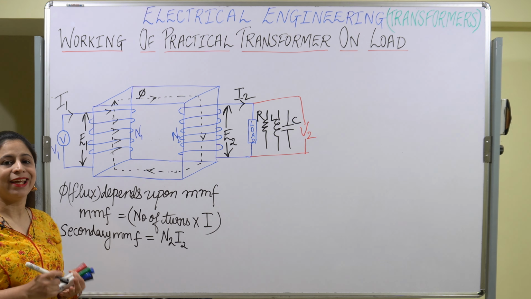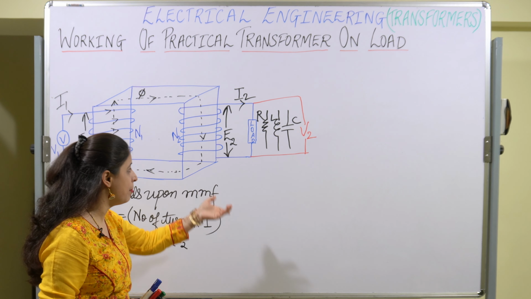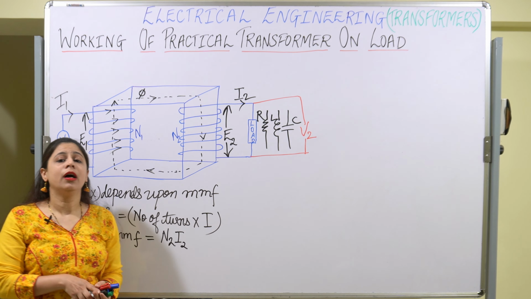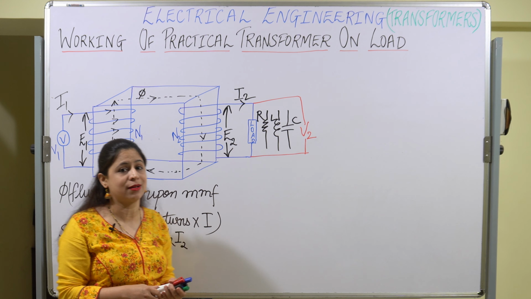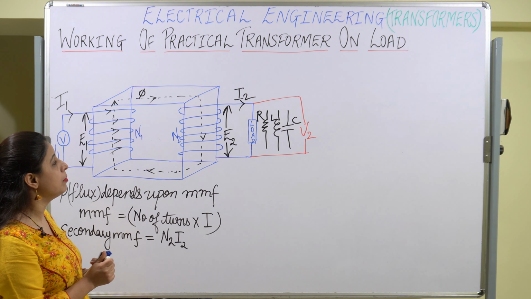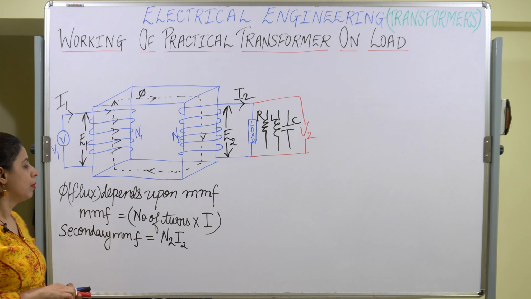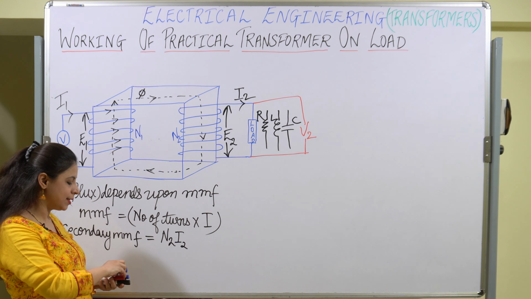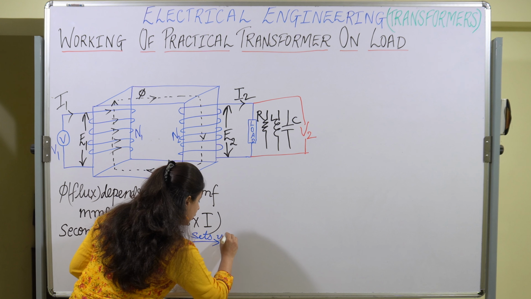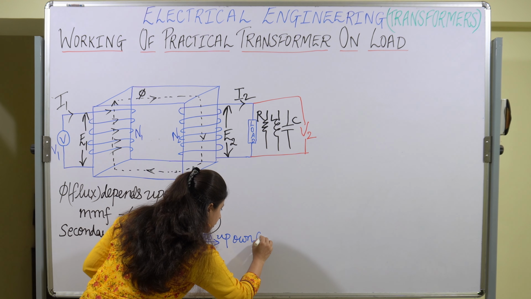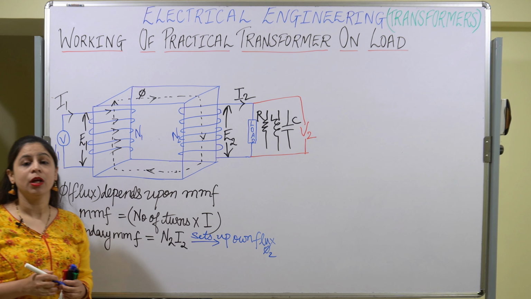Because of this MMF, the secondary side sets up its own flux. That flux is given by phi 2.